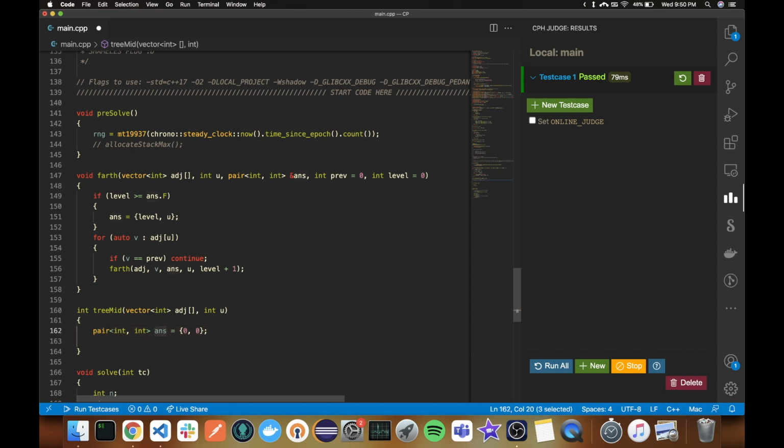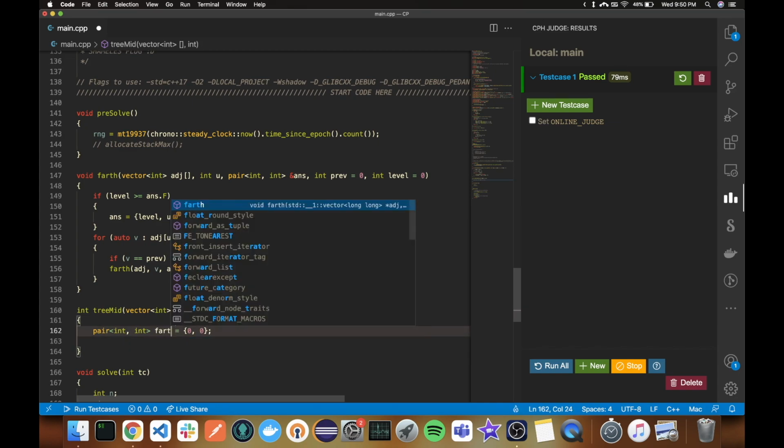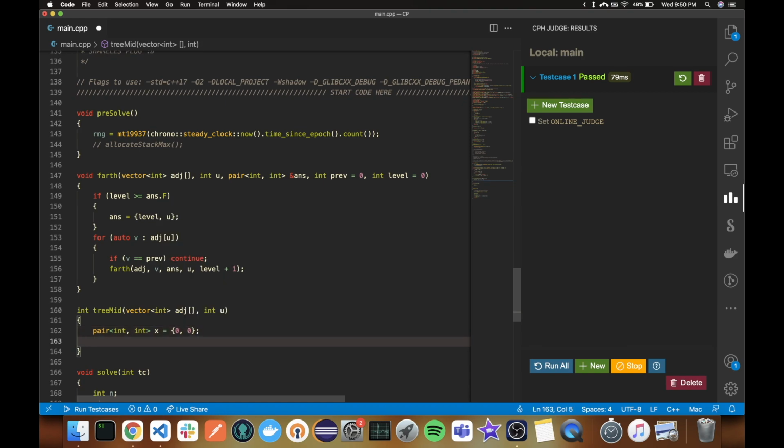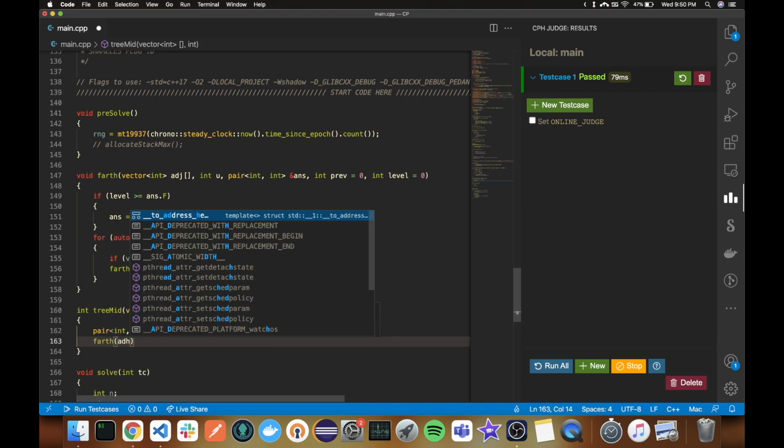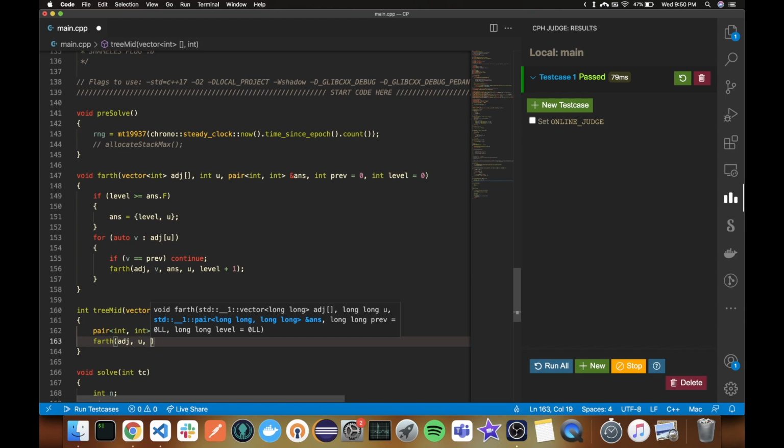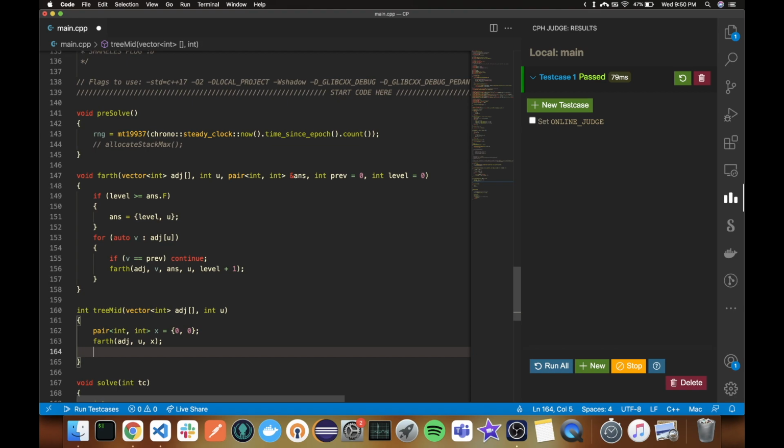Sorry. For let's say X. Who cares? So, yeah, let's DFS. Let's get the furthest from our root and use X. And then I'm gonna say y equals to x.